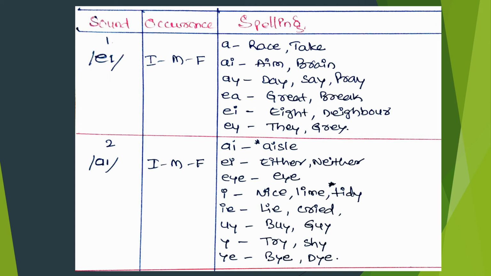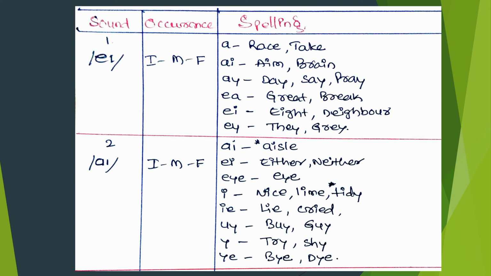And finally PLAY, or here I have given the words DAY, day. So you can write many examples like this: initial, medial and final. Write at least 5 words for initial, 5 for medial, 5 for final.